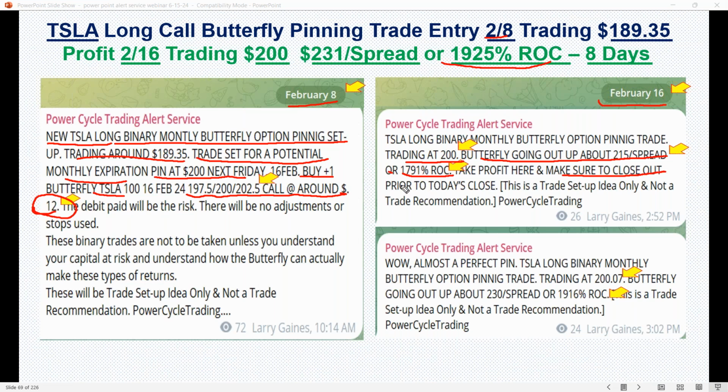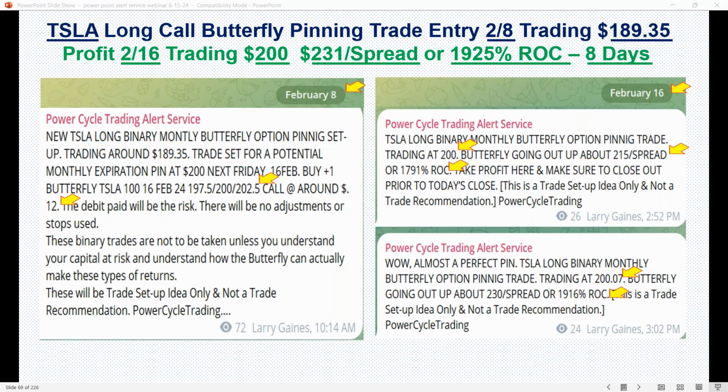Make sure to close out the trade prior to close, so you're not going to get exercised. And then I sent out one more. I said, wow, it actually was a perfect pin at the end of the day. It was trading at 200, up 1,916% return. That was just an incredible trade.